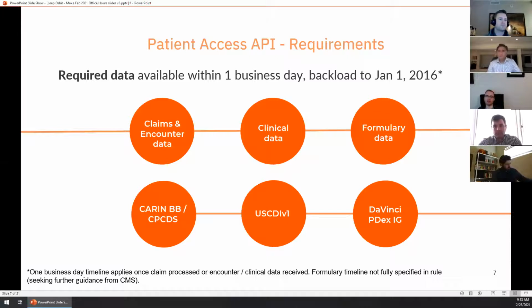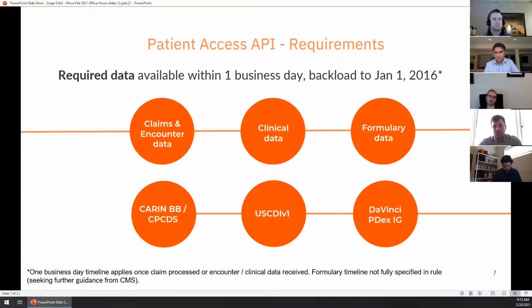So I can use any app I want and they can read this data, and the apps can compete for member engagement and user experience. At least I think that's philosophically the idea of this rule, opening up this marketplace.